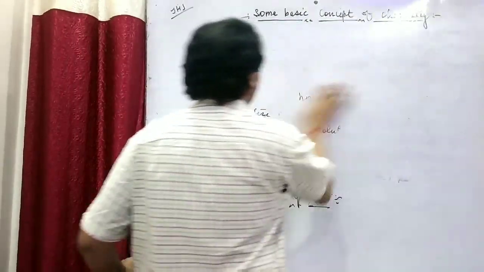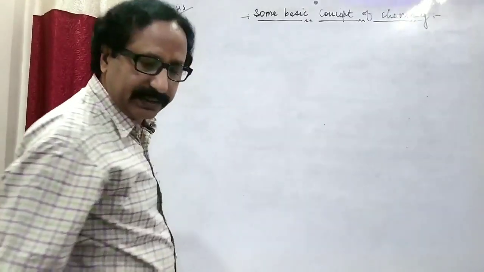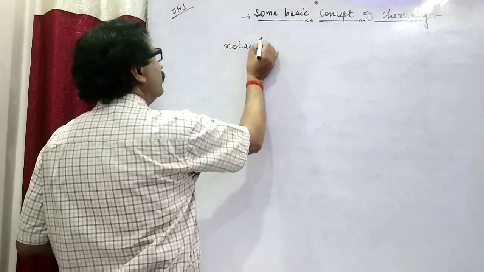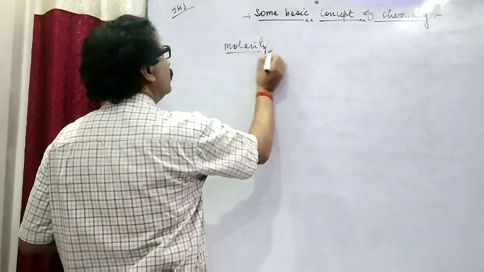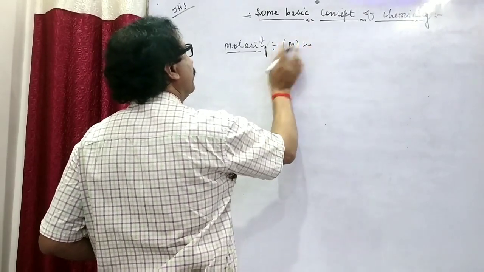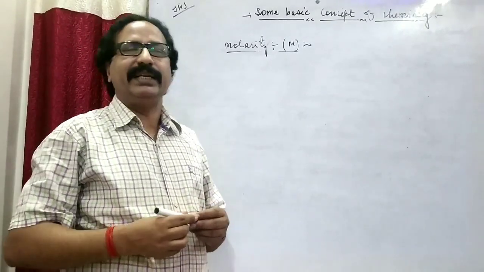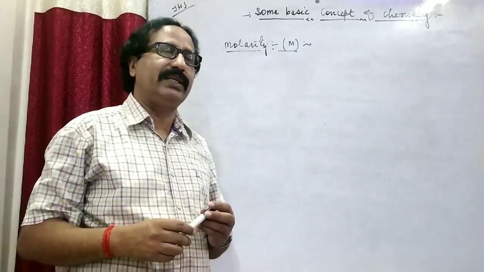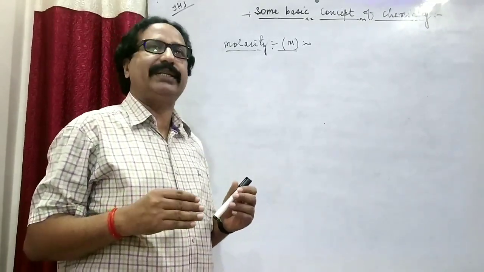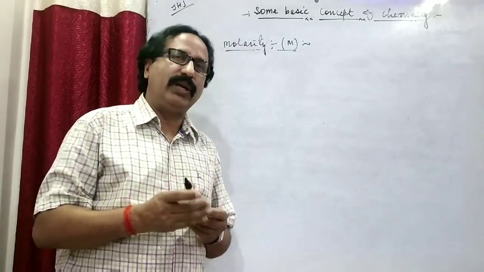About molarity. This is used to decide the strength of solution. Molarity is denoted by capital M. The number of moles of solute present in 1 liter volume of solution is called molarity.